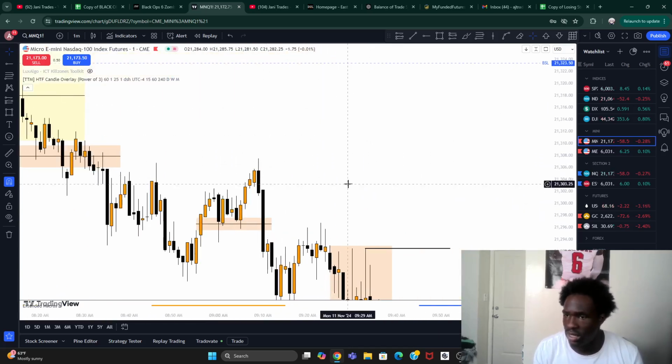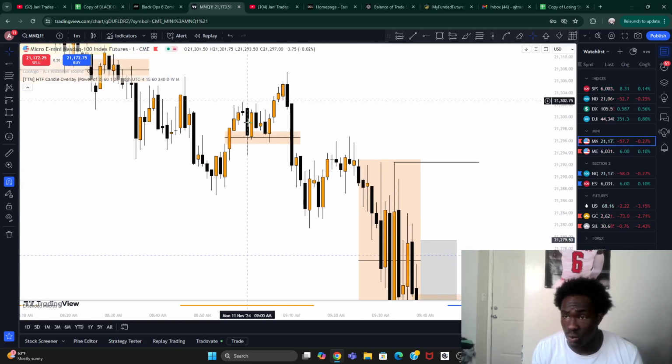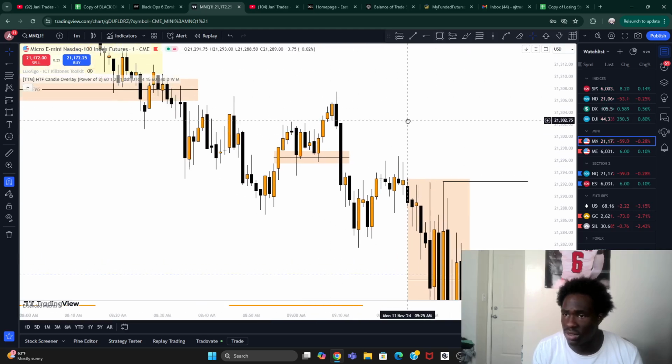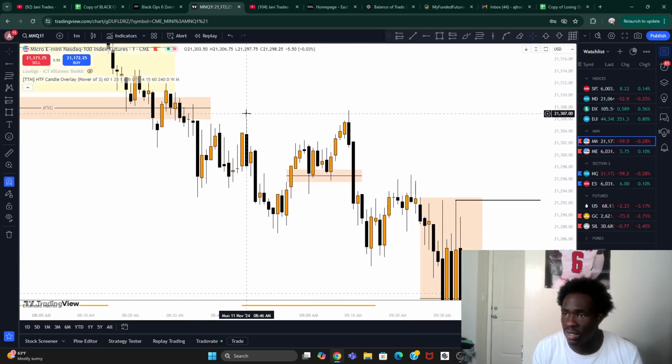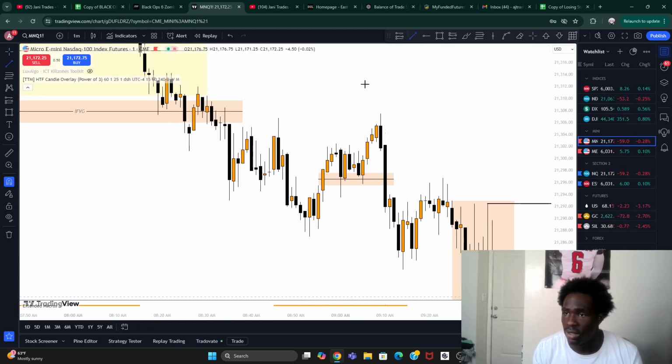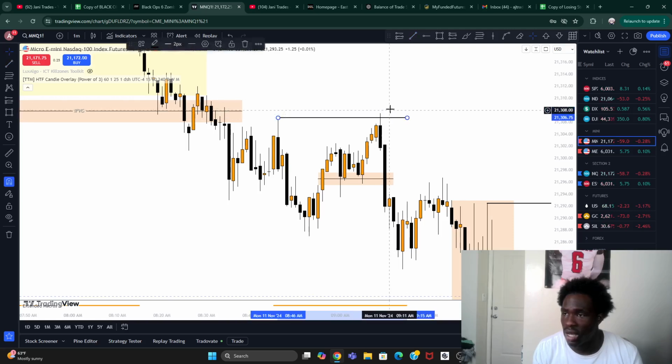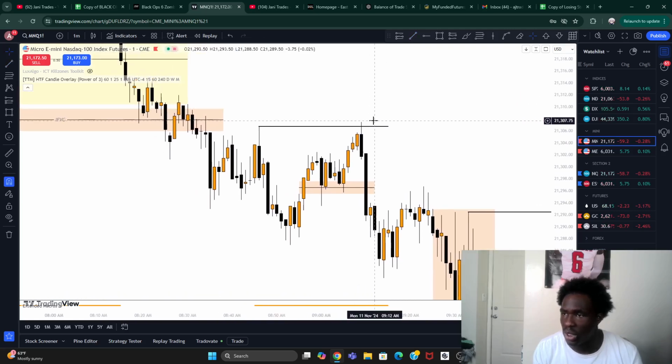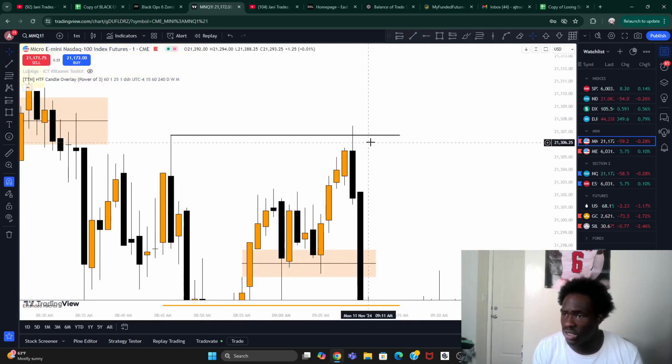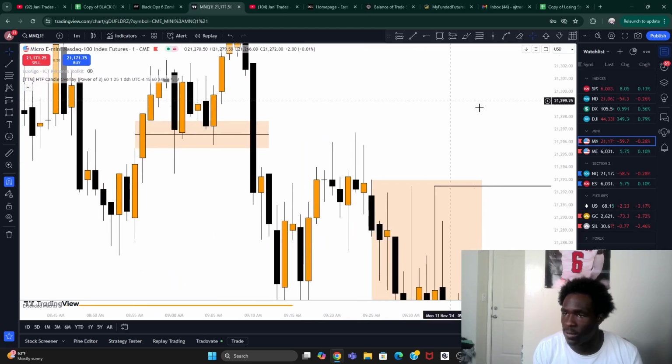So that's that. We initially could have gone short here because as you can see, we have a minor sweep here, literally the tiniest sweep at this range.